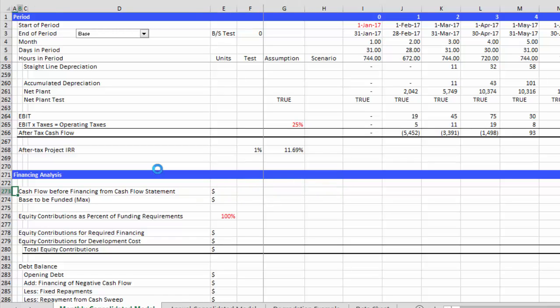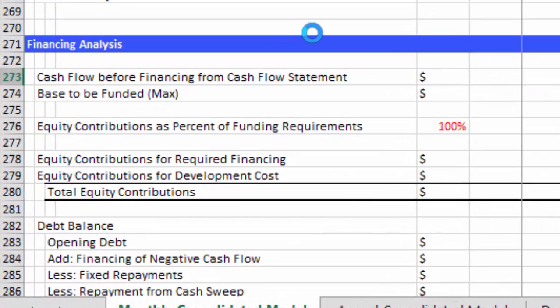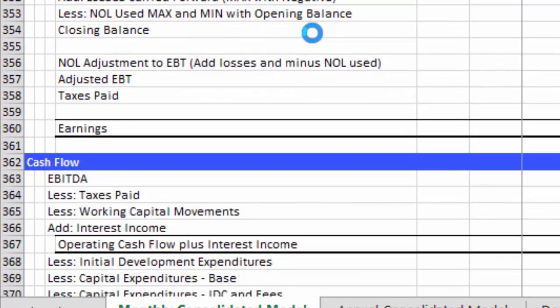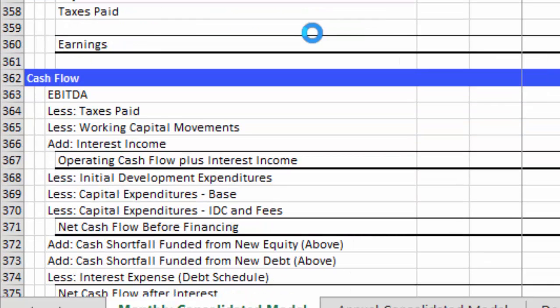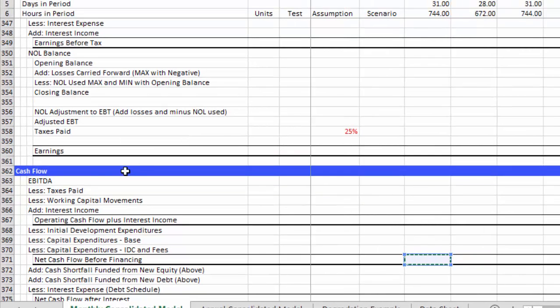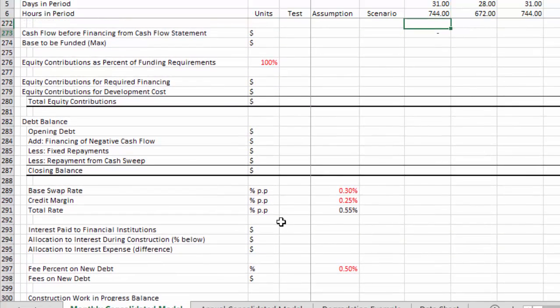Okay, we're going to start this thing. The first thing is we go down to the cash flow statement, and this negative cash flow we have down here before financing, after EBITDA and after CapEx, that's the amount we're going to finance.